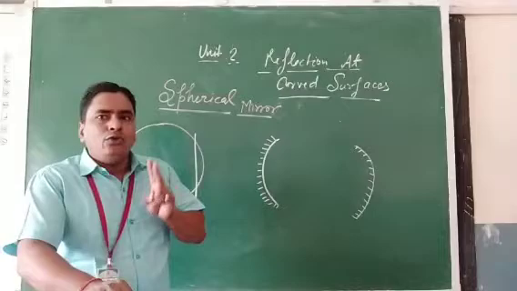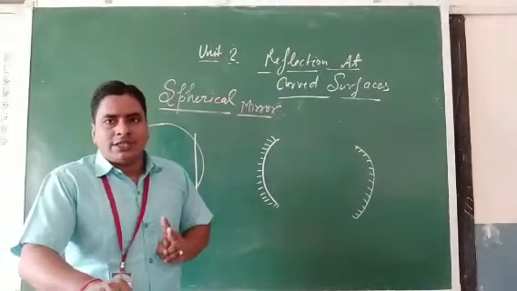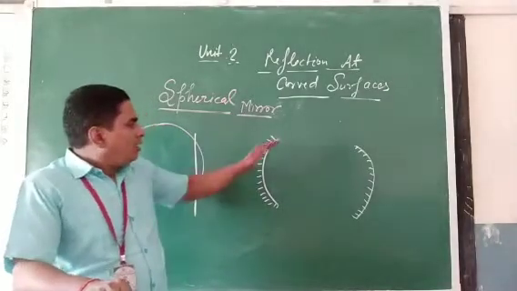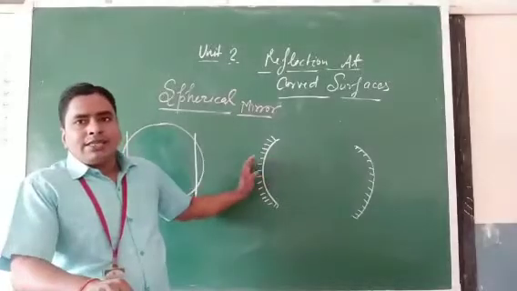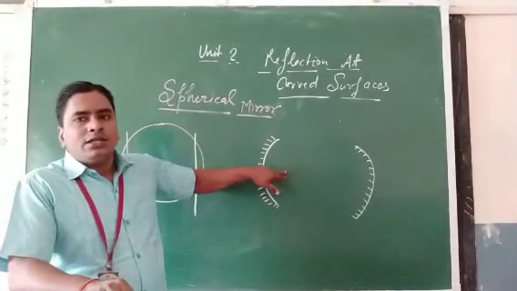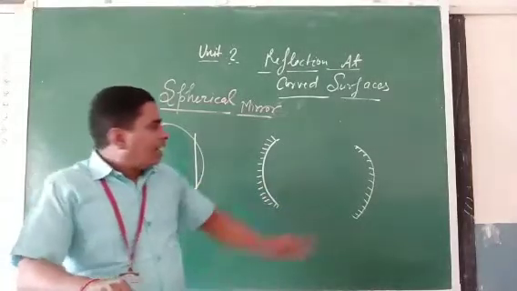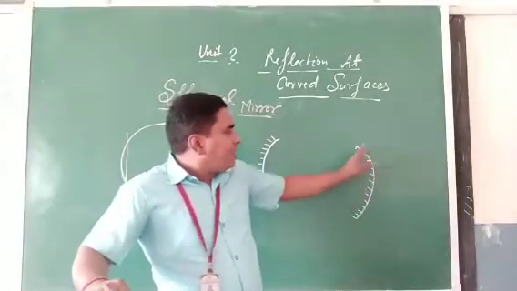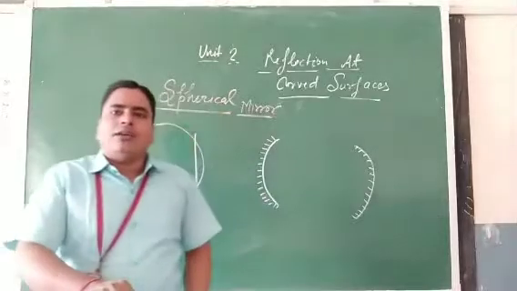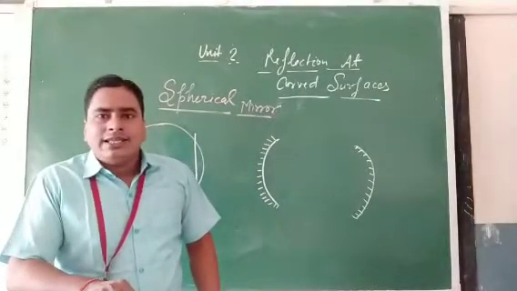So you will get two mirrors, two curved surfaces or curved mirrors. Here, the outer side is polished and the inner side acts as the reflecting surface, and here the inner side is polished and the outer side acts as the reflecting surface.